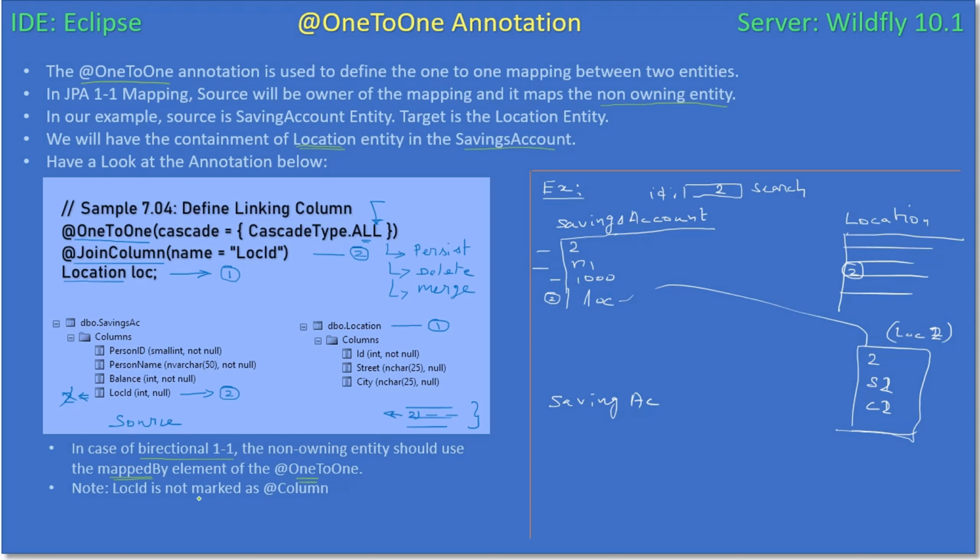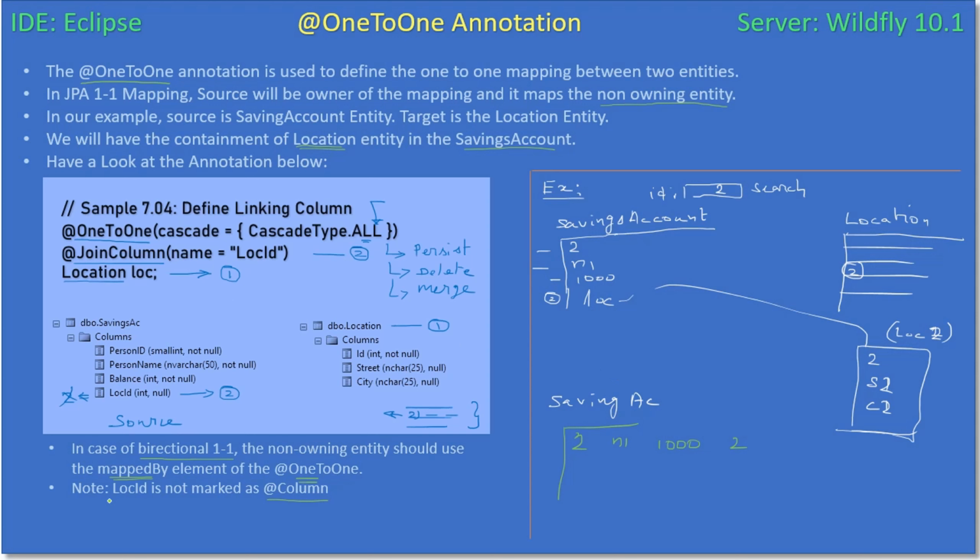Note, location ID is not marked as column. So since it is not marked as column, it won't load whatever is there in the database savings account. I'm just talking about this particular record, 1000, and database column value here is 2, pointing to the location table with value 2. Since we don't specify it as a column, it won't load that value 2 here.